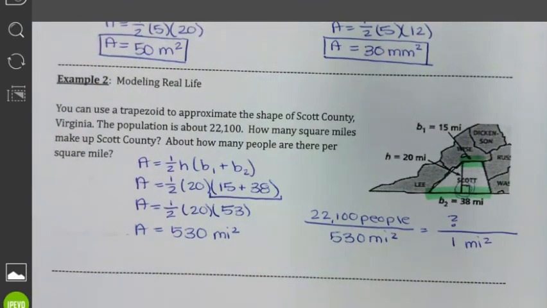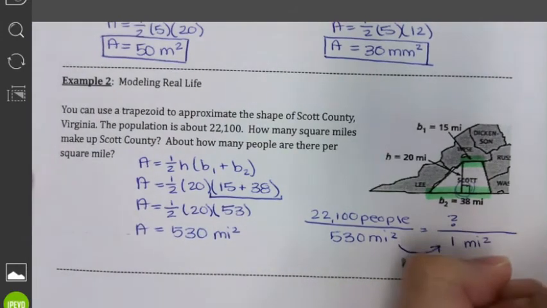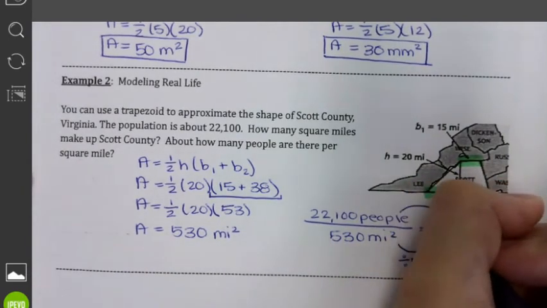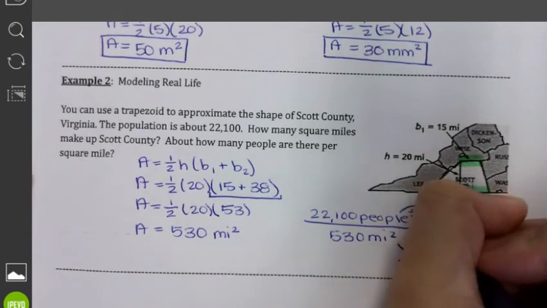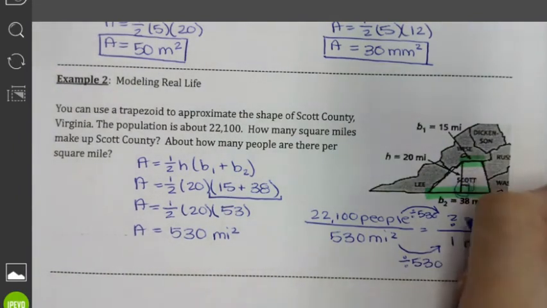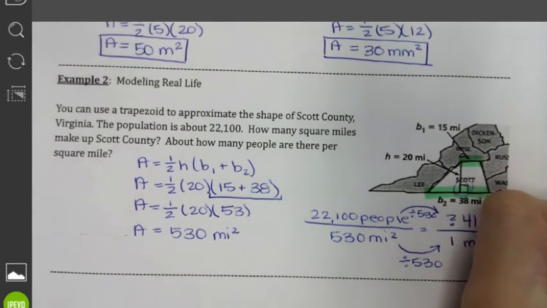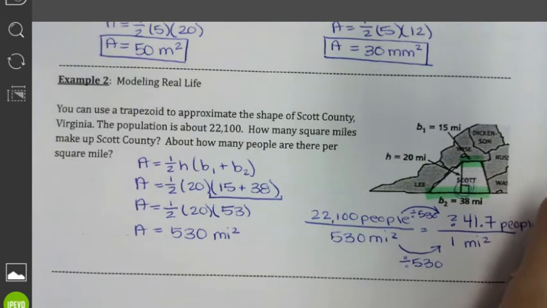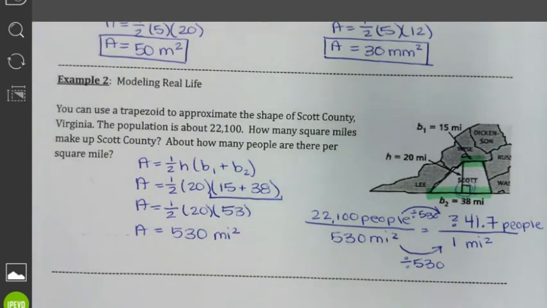Now we learned this with our equivalent fractions. If we divide the square miles by 530 to get to 1 square mile, we have to do the same thing to our numerator. That gives me 41.7 people.